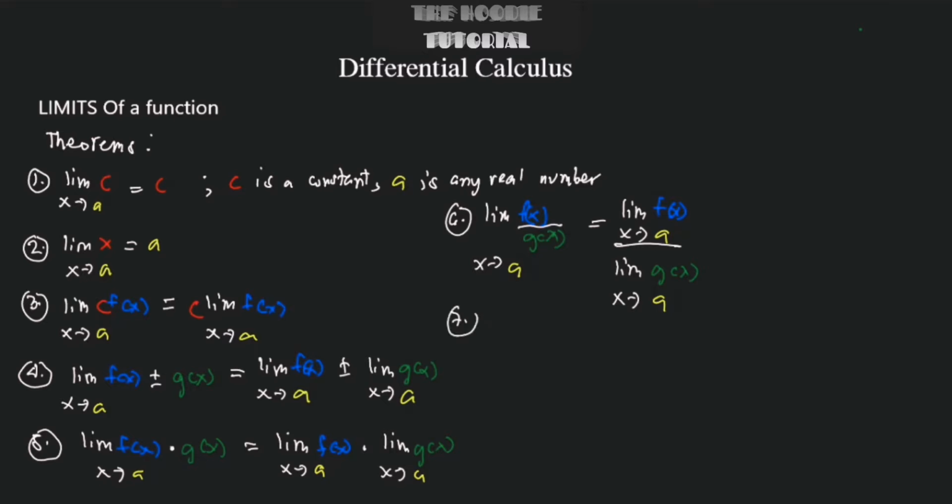Number 7 is quite complicated because this is already a radical function. Let's say that we need to evaluate some function f of x, let's put f of x right there, however there is a radical sign right here with some number n, as x approaches a.